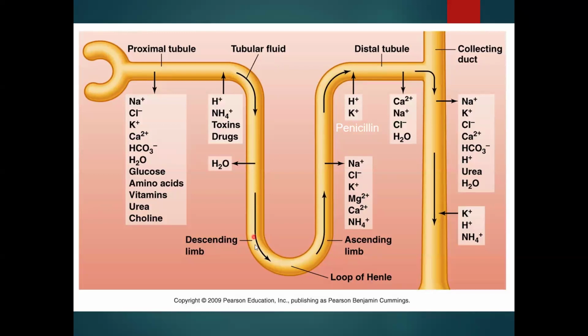That's important because as we go through the loop here and then go to the ascending limb, we notice that the characteristics have changed quite a bit. We have sodium and chloride, potassium, magnesium, calcium, and ammonia, all salts, except for ammonia, that can go out.